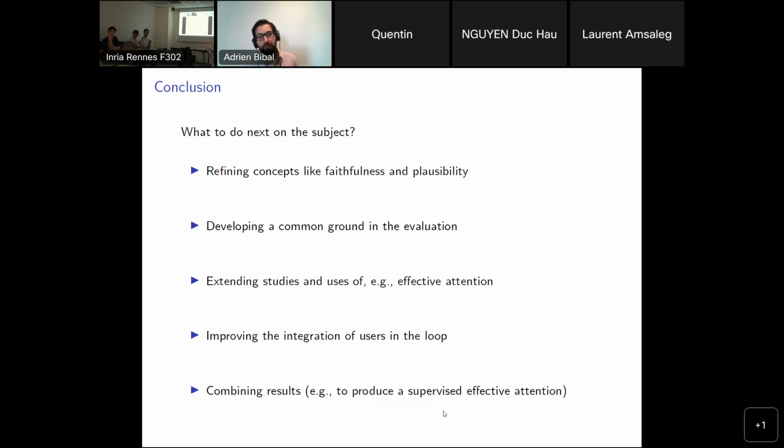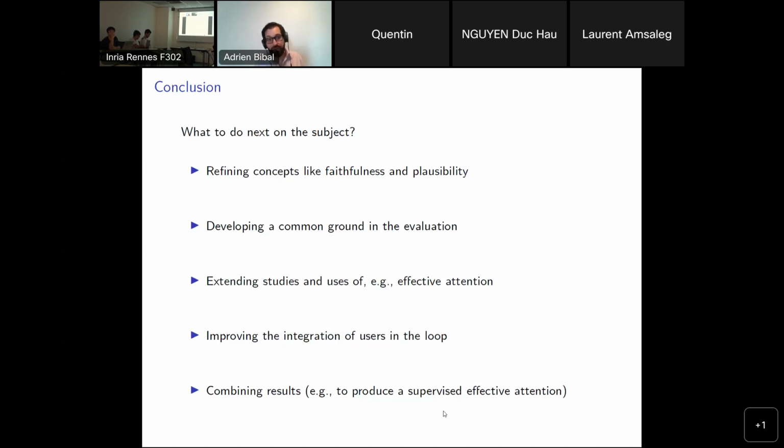Yeah, as I said earlier, I'm convinced that the problems are similar with all the data types. But here I studied specifically the papers that talked about the debate. The reason is that, as you saw, it was already difficult to have a common ground between all these papers because they were talking about explainability and attention, but with different definitions, different architectures, and different tasks, all rooted in NLP.